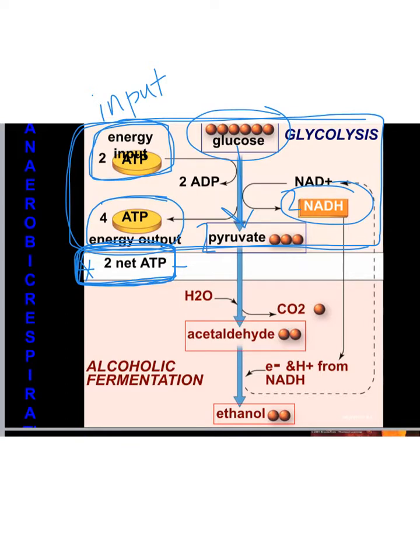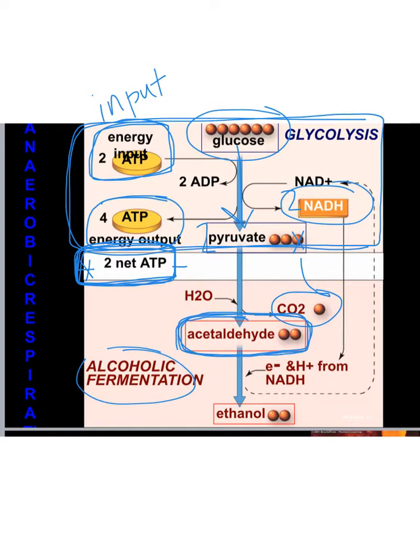It's exactly the same. The difference is when we get down here to alcoholic fermentation, we take that pyruvate and we remove one of those carbons just like we did in the prep step to give us CO2. But now we're left with what's called acetaldehyde. We don't have that acetyl-CoA that's formed in the prep step.